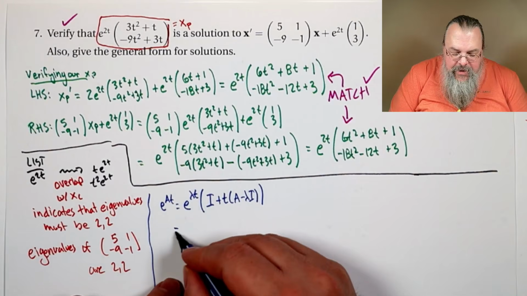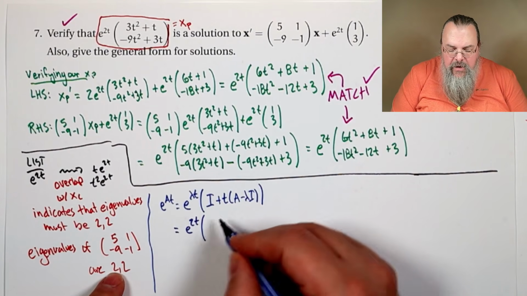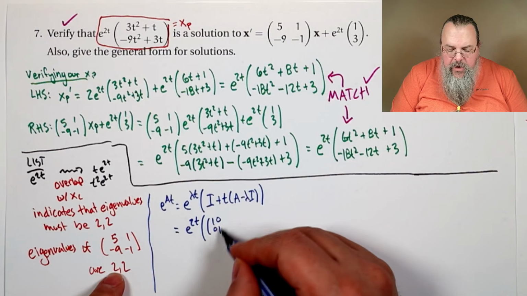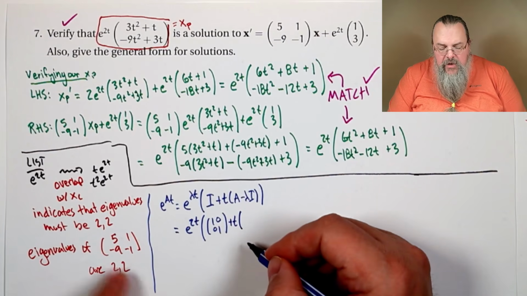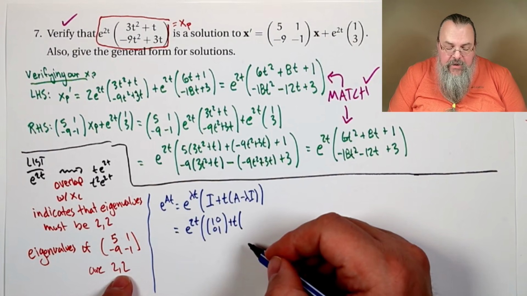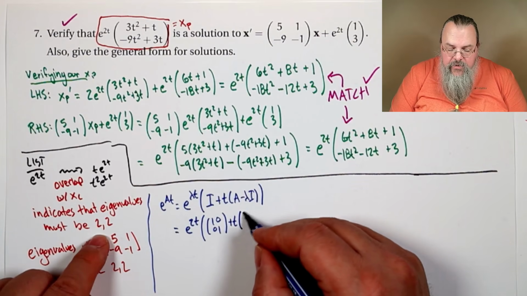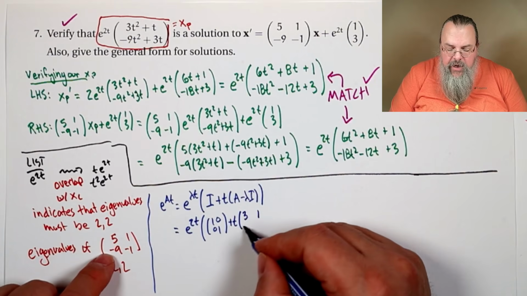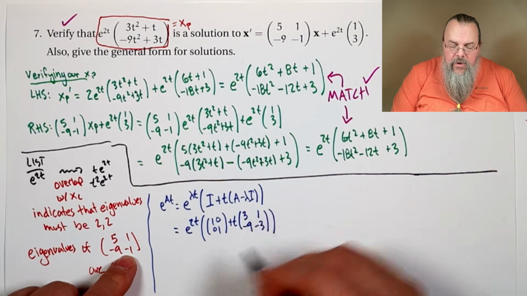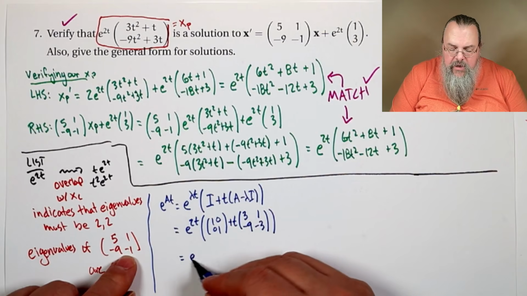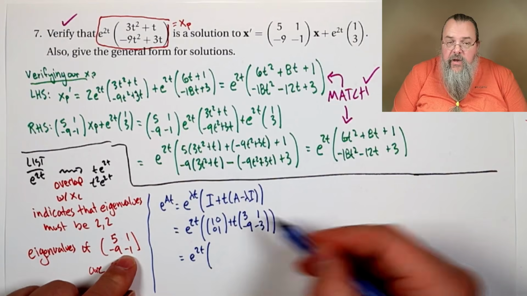So, in our case, this would be e to the 2t, identity is [1, 0; 0, 1], plus t, and then we take our A minus lambda I. So we're subtracting 2 off the diagonal. 5 minus 2 is 3, 1, minus 9, minus 1 minus 2 is minus 3. So that's e to the 2t, and we'll just put these together.